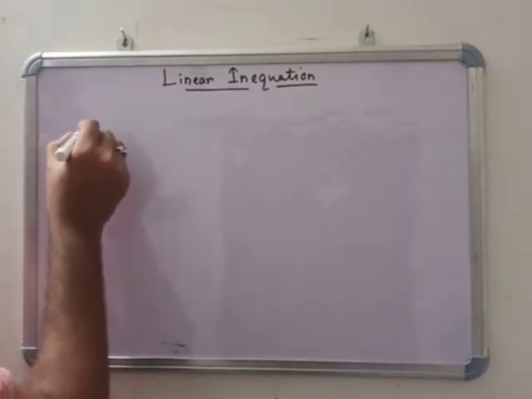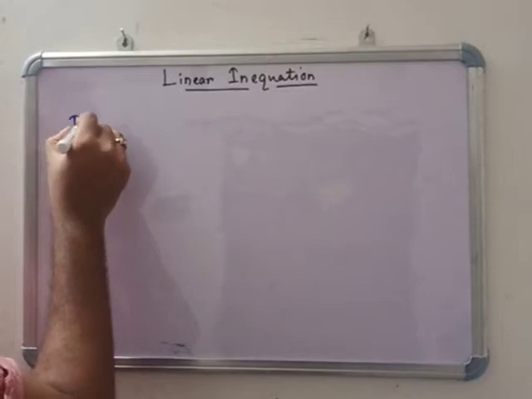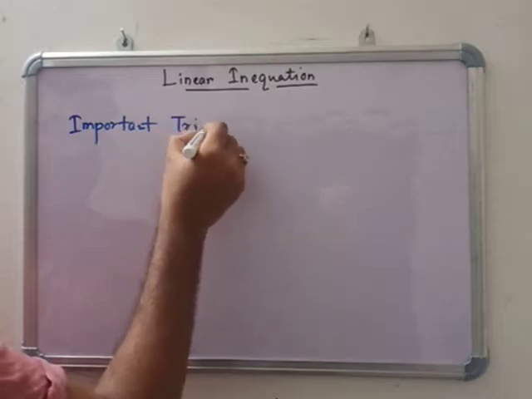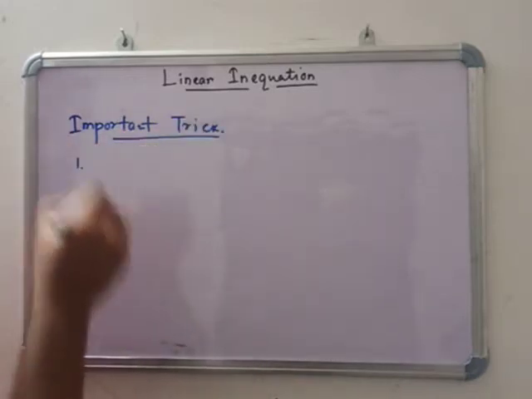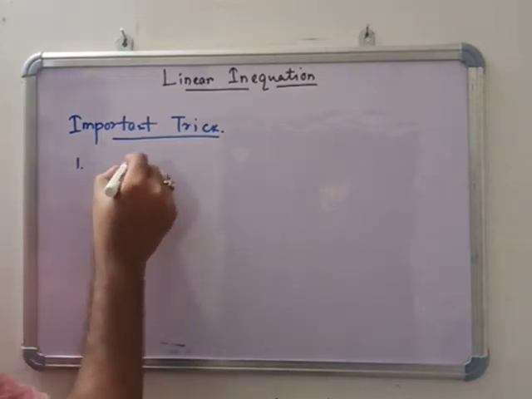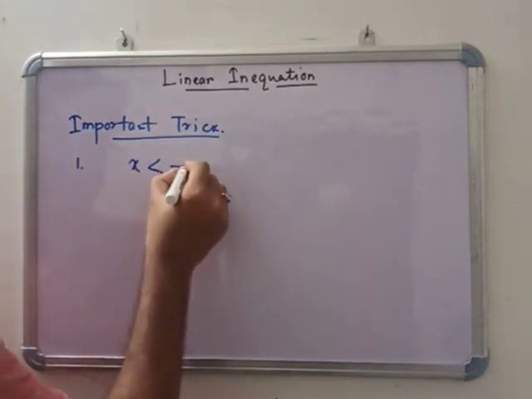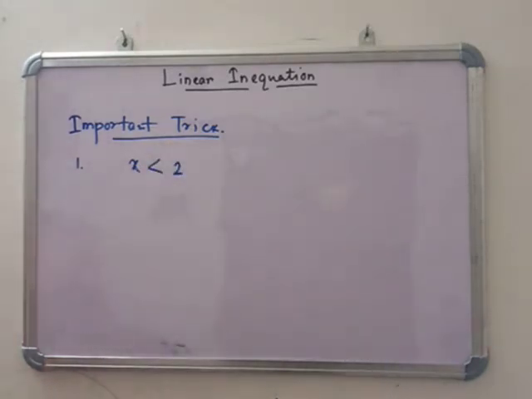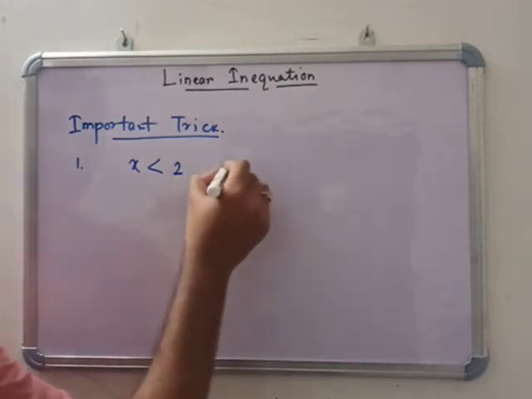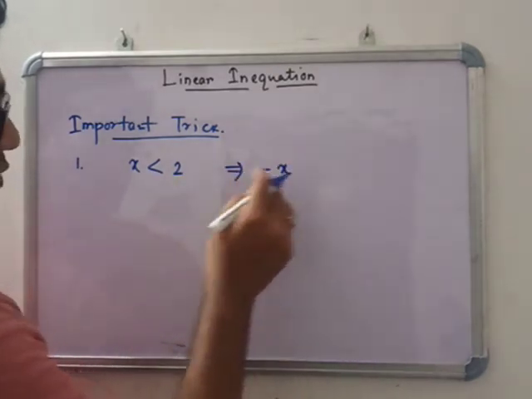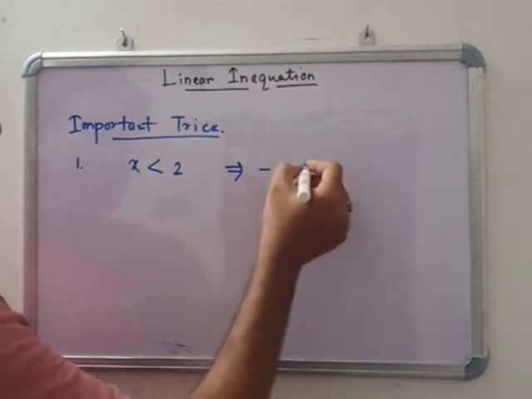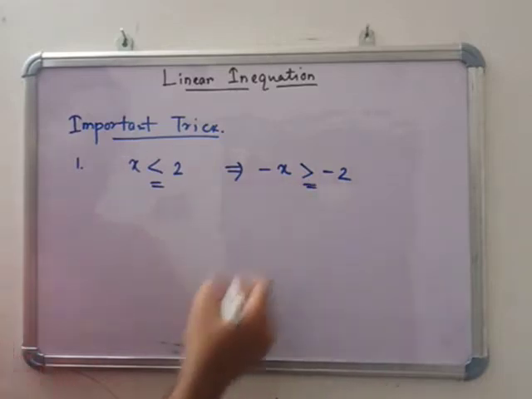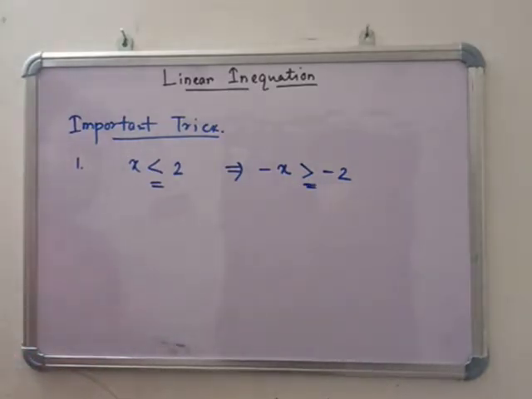The important trick is this: suppose x is less than 2 is given. That means we can apply minus x. If you multiply by minus 1 on both sides, then this sign will change here.